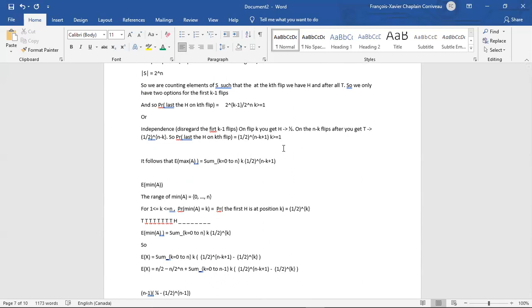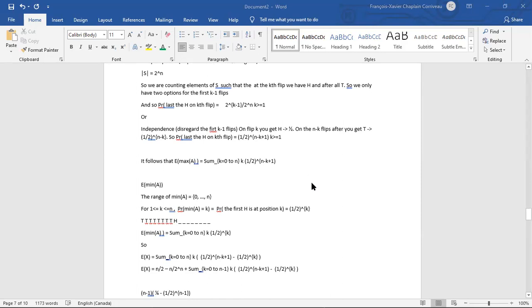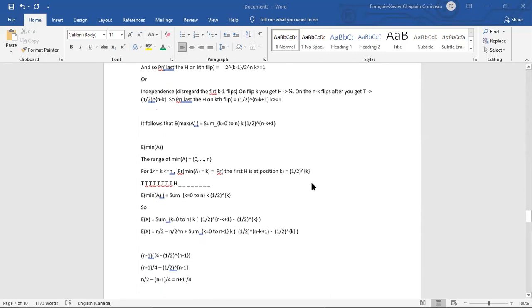So again, I will not be spending too much time on this. But the idea is that's something you can do. You can use your friendly Wolfram Alpha. So the key point is understanding how you got the probabilities.